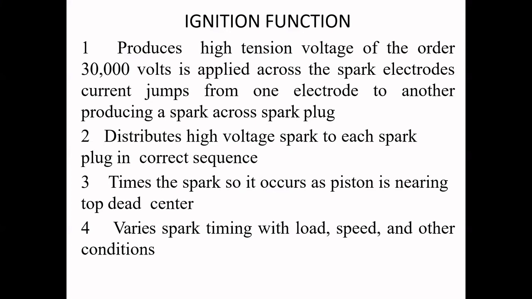Whatever high voltage is generated is applied across the spark electrodes, and this high tension voltage current jumps from one electrode to another, producing the spark across the spark plug gap.